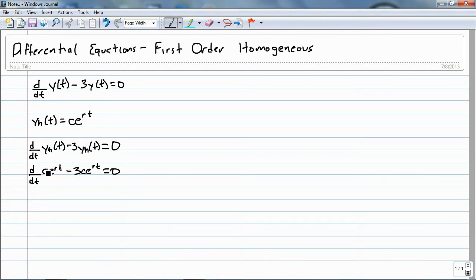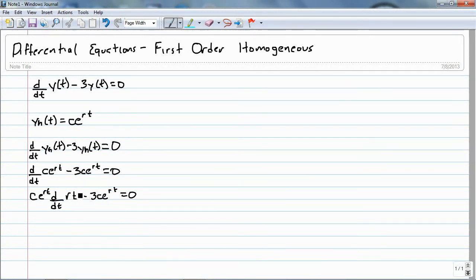And now I can take the derivative. Well, my constant's just going to come out of the derivative. And then I'm going to take the derivative of e to the RT. Well, remember to use the chain rule. So I'm going to have e to the RT times the derivative of my exponent, chain rule, minus 3 C e to the RT equals 0.